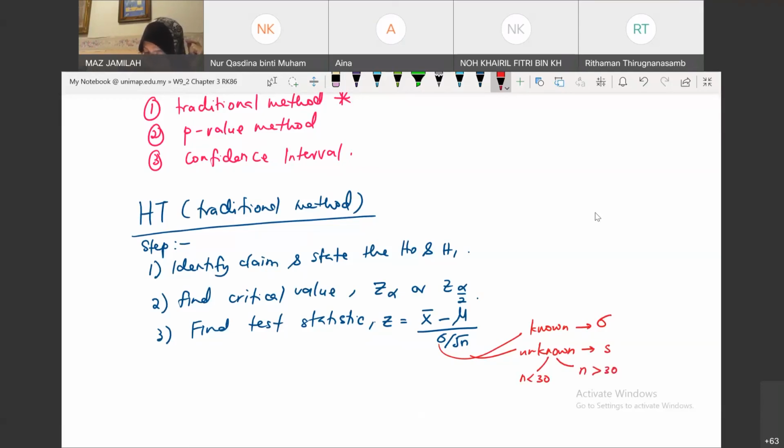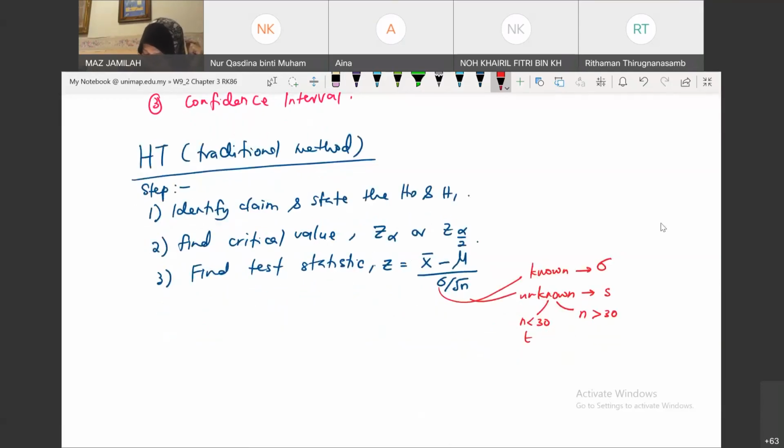If less than 30, you use T alpha over 2. Otherwise it is Z alpha over 2.